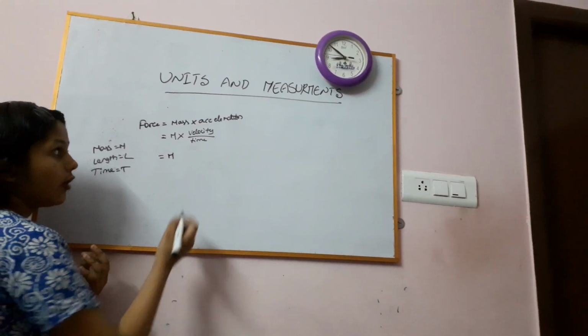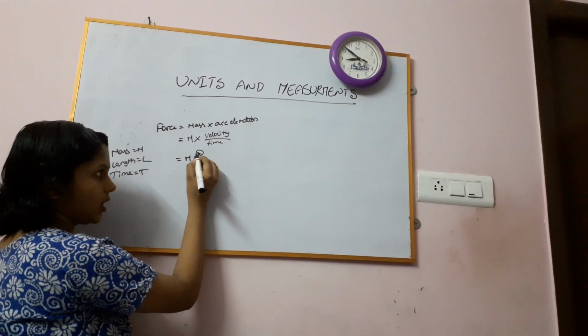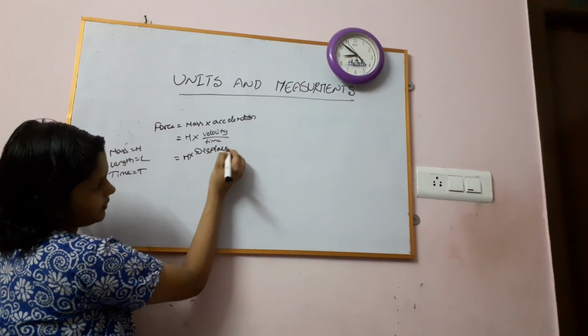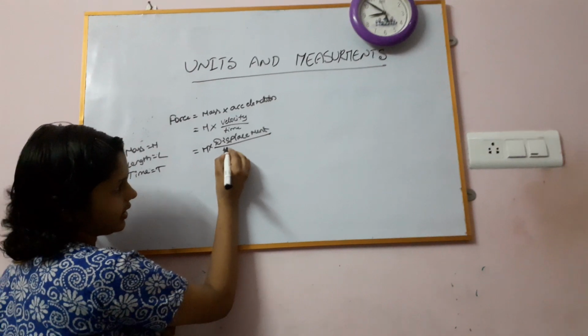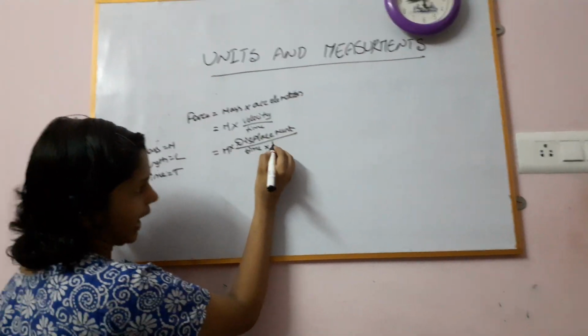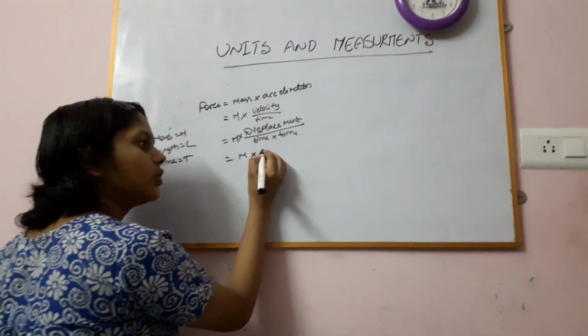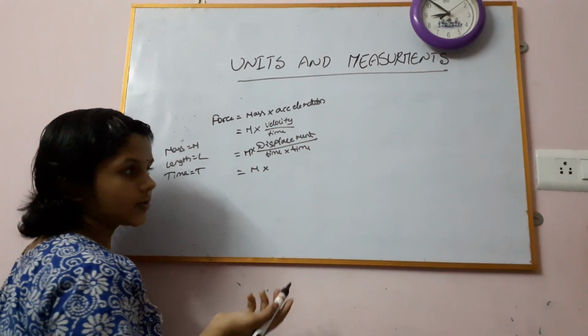Displacement by time. We know time is T, so we write displacement by time into time. Now we know that mass into displacement; displacement means the shortest path. What is the shortest path? Length.